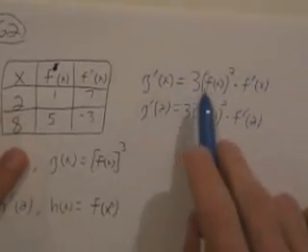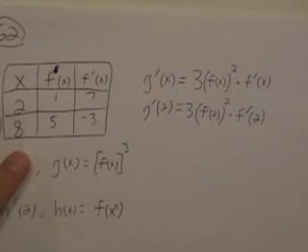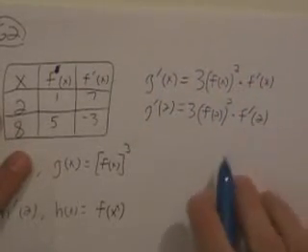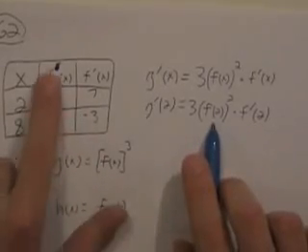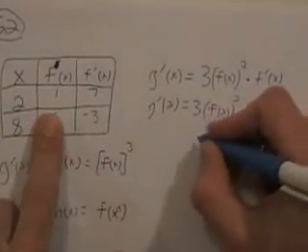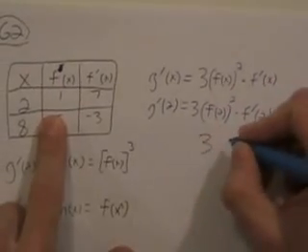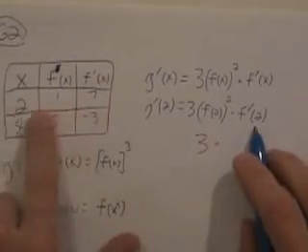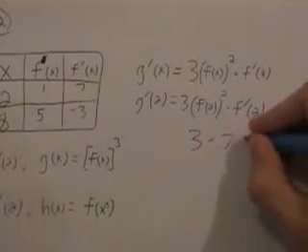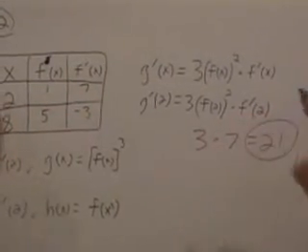Everywhere there's an x, you fill in a 2. And then you just read them right off of the chart. So f of 2 is 1, so this is 3 times 1 squared, or just 3, multiplied by f prime of 2, which is 7, is 21.